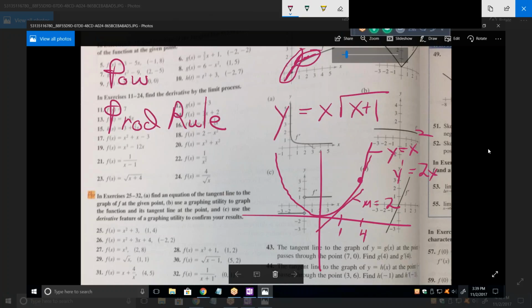We can see that that's a steeper slope. What is the slope when x equals 4? Plug it into the derivative function. So this derivative function tells us what the slope's going to be no matter what x you want to talk about. What's the slope when x equals 0?